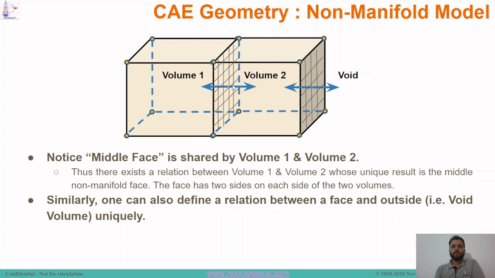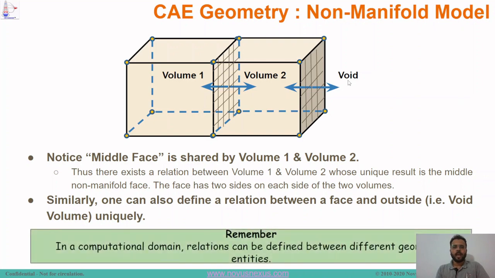But a non-manifold model will have only one common surface belonging to two volumes. We can call it a relation between two cubes, defined by a common face. Similarly, one can define a relation between a face and outside, that is void, uniquely.